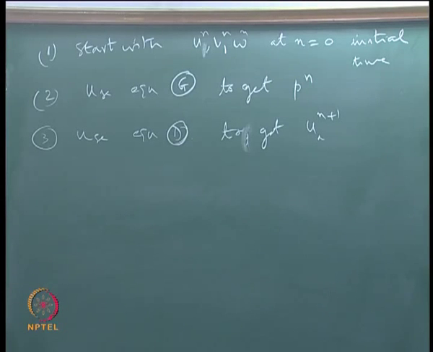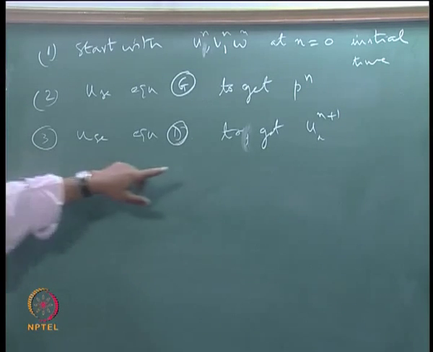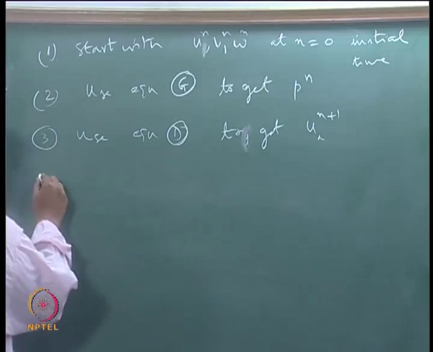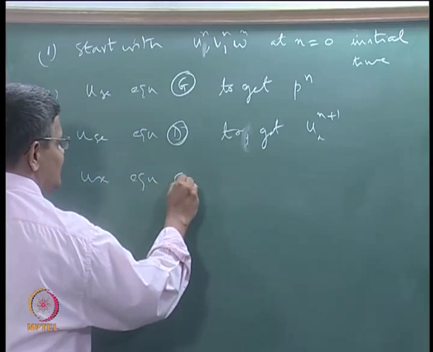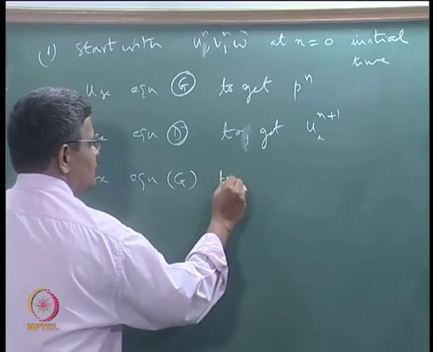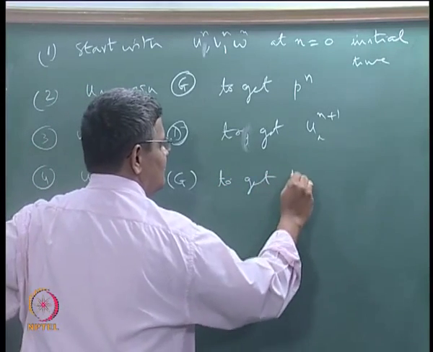So those are the three ways. So with this, now you can go to use equation G to get P n+1.